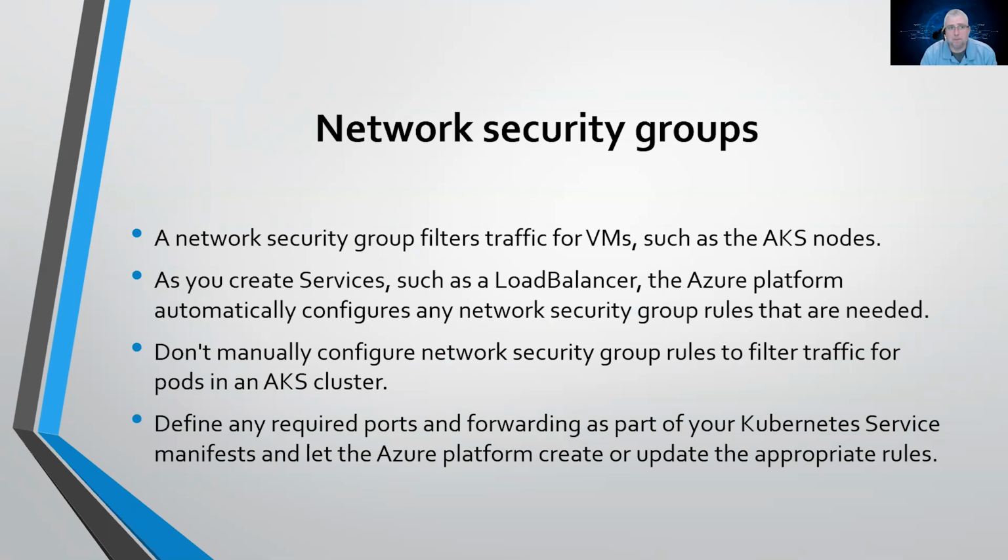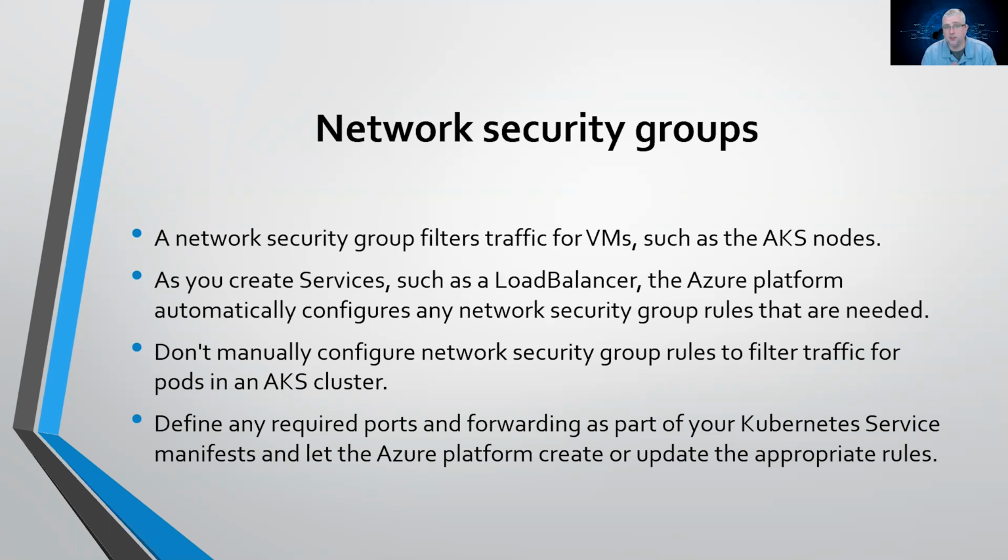Now after that, everybody loves network security groups, right? So network security groups filter that traffic from the VMs. It gives you that east-west control for your network security, but you don't ever want to touch these. They're going to get created. You don't want to touch them.